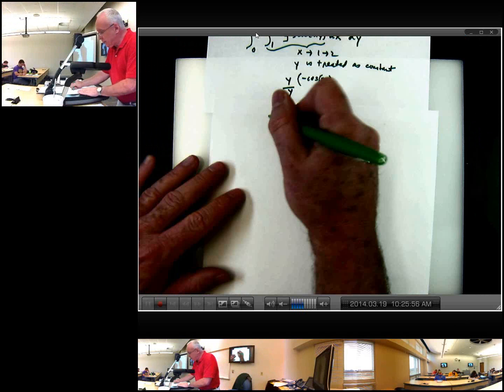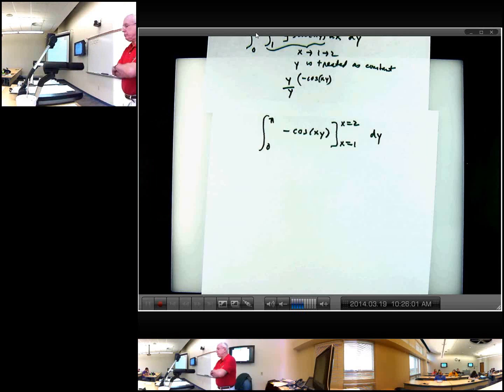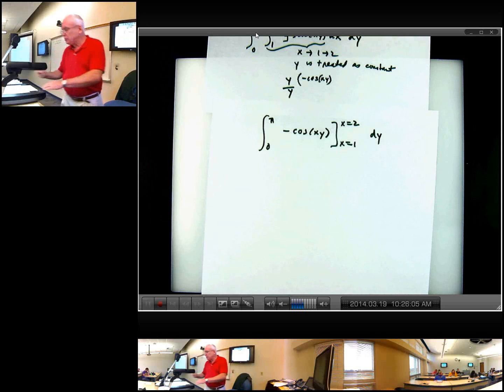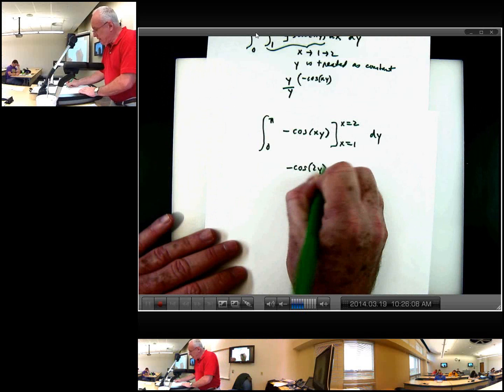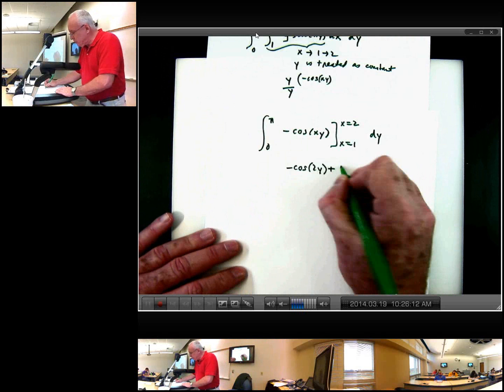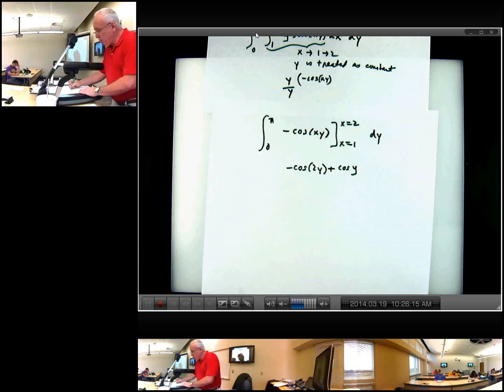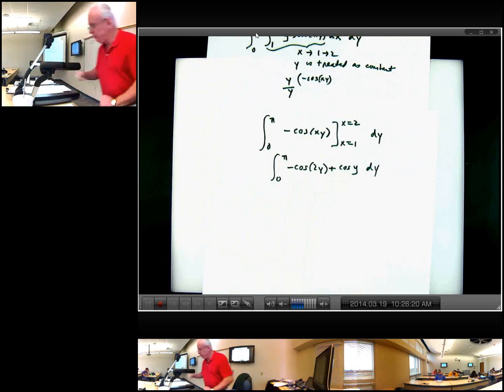And then our outside integral is 0 to pi dy. All right. So plug in our values for x. That's minus cosine of 2y. And then we have a double minus, so it's plus cosine of y. And then we're integrating that from 0 to pi dy. Okay?